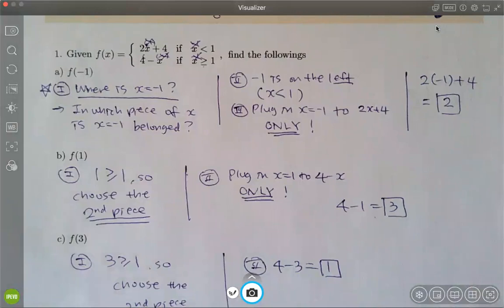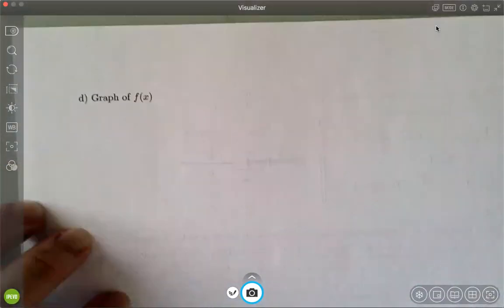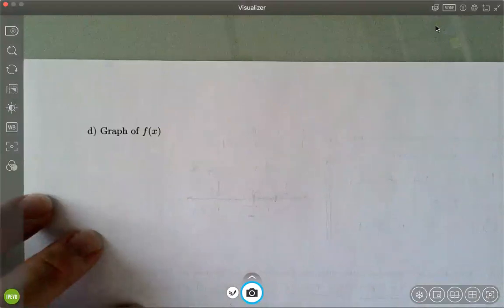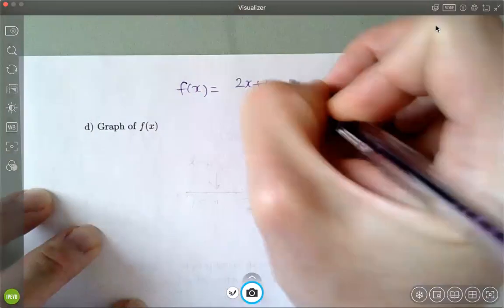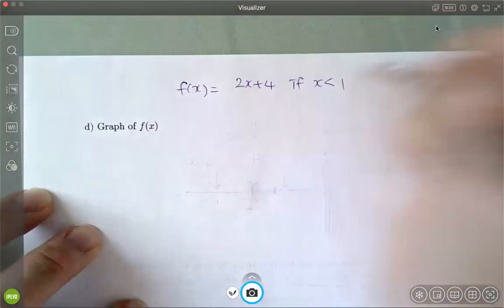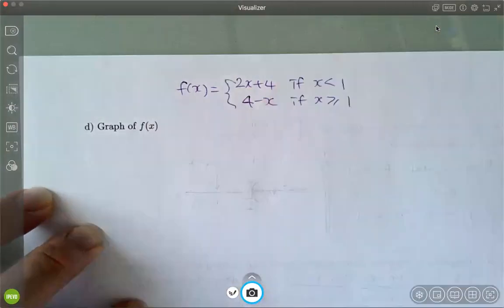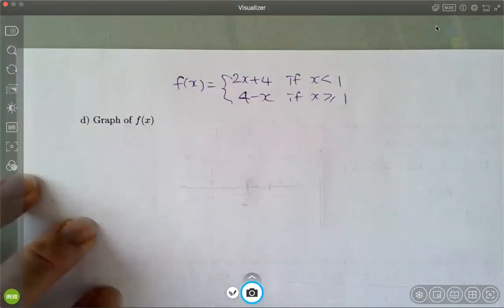Now, the real thing is the graphing. Okay, so now, since we cannot see the piecewise function, let me copy what we had. I think it was 2x plus 4 if x is less than 1, and 4 minus x if it's greater than or equal to 1, right? Okay, it was this one. Now remember, how do we graph?